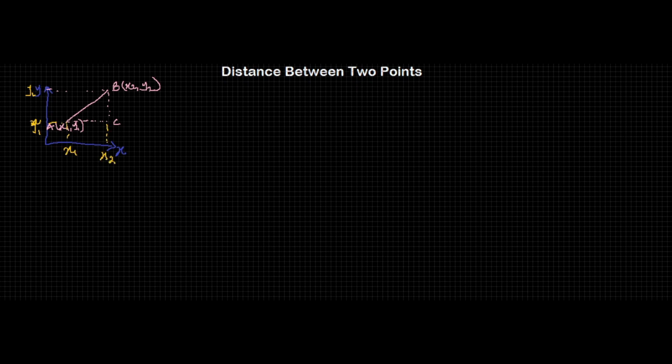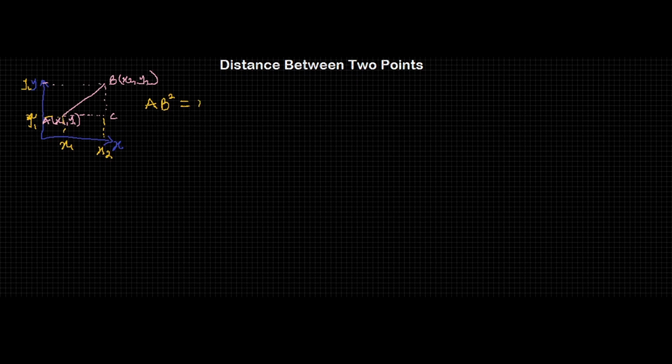So the distance of line AB, which will be given as AB squared, according to the law of Pythagoras theorem, AB squared is going to be equal to AC squared plus BC squared.